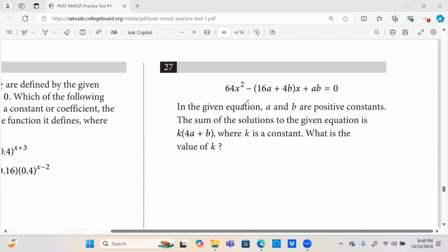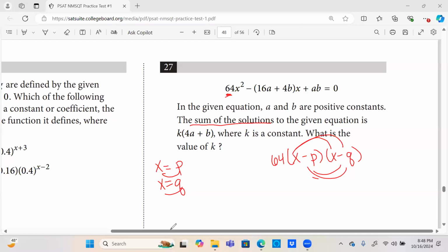So they're saying we have 2 solutions, the sum of the solutions, and this is a quadratic, so typically we're going to have 2 solutions. So they're saying let those solutions be x equals p and x equals q. So if you reverse this, you could say the factors were x minus p, x minus q, and then you still have the 64. Right? Because if you FOILed these, you'd get x squared, but you need 64x squared. So that's why there's a 64 in front.